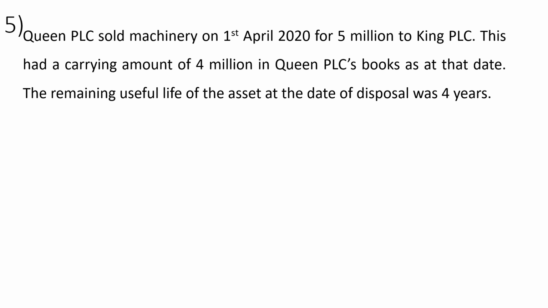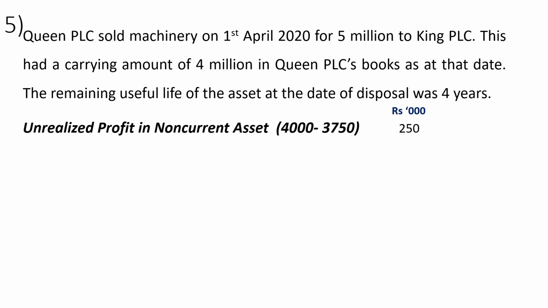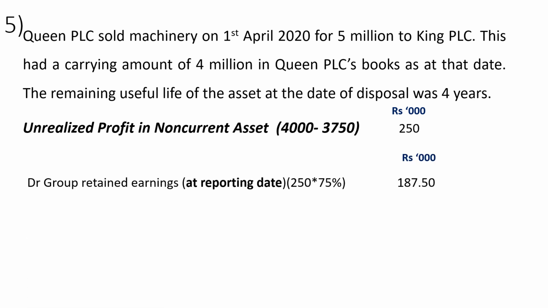Then, let's see how we are going to treat this unrealized profit in non-current assets. First, we remove it from the group retained earnings. Here we have to remove just King's portion. Therefore, we take 25% of 250, which is 187.50.